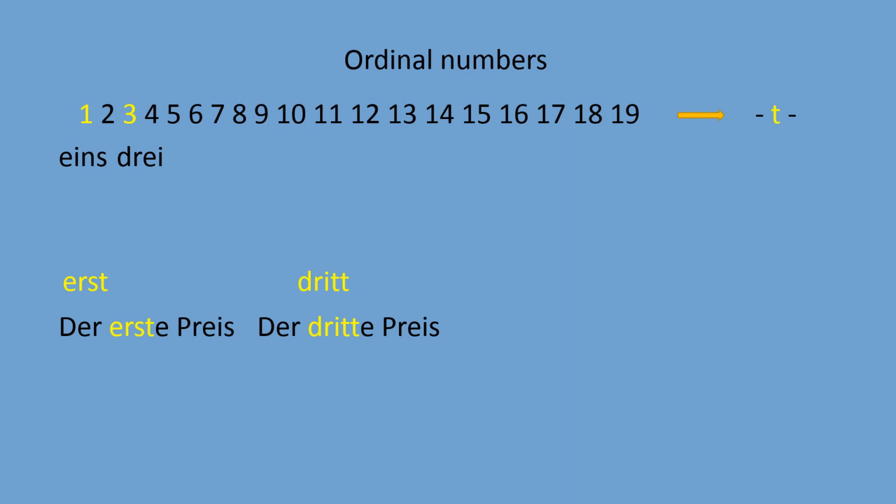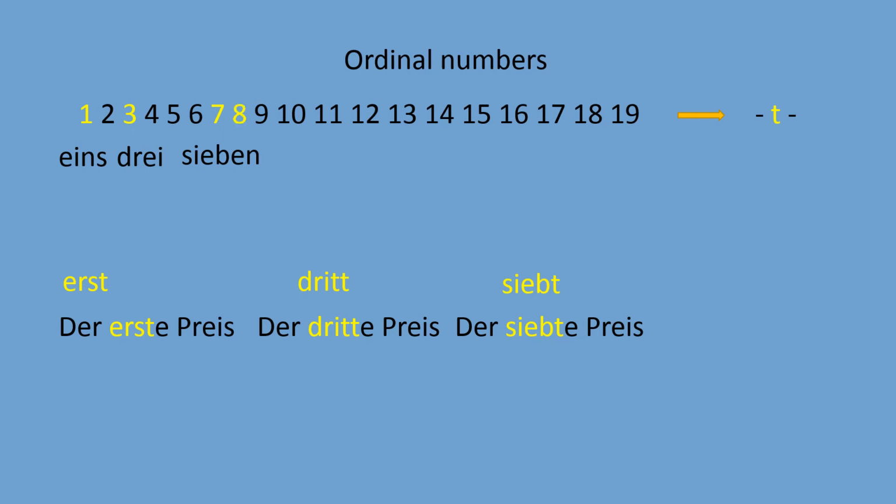So the third prize. The next number we have to memorize is 7. 7 in German is sieben. When we create an ordinal number, we drop the ending en and put the suffix t. So we use siebt. When we give the expression the 7th prize, we say der siebte Preis.